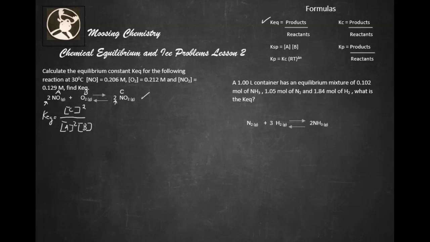Alright, so now we're just going to put in our numbers. The Keq is going to be pretty simple, guys. So Keq, our nitrogen dioxide is going to be 0.129 squared over our A squared, which is, of course, our 0.206 squared times our oxygen, which is 0.212.